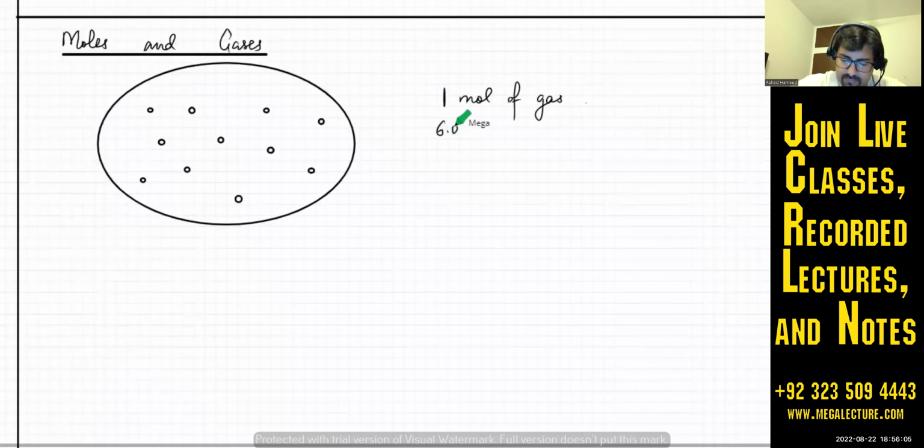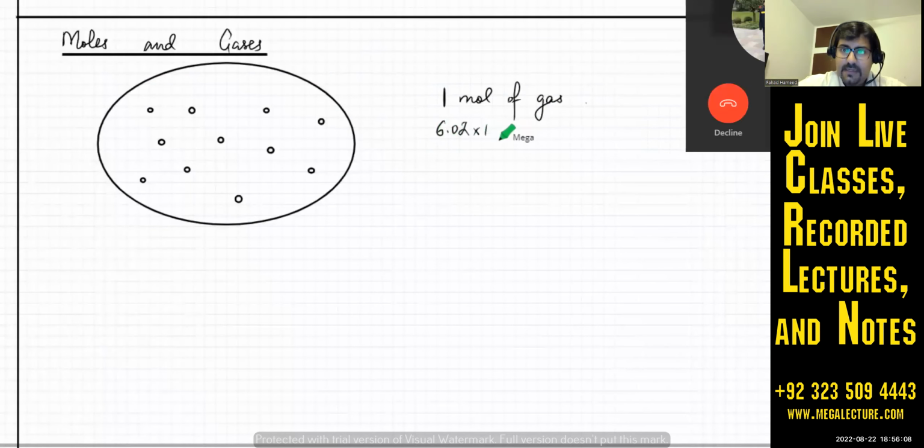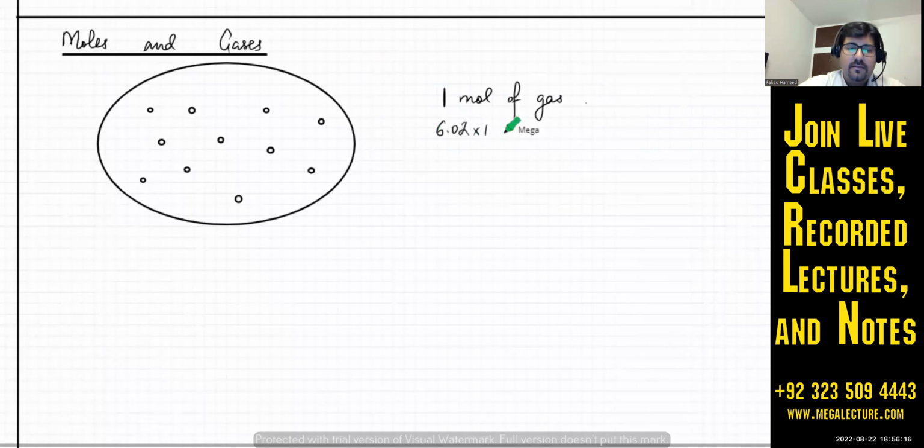So again, 1 mole of gas means a lot of particles, 6.02 times 10 to the power 23 particles or molecules, whatever the gas is.